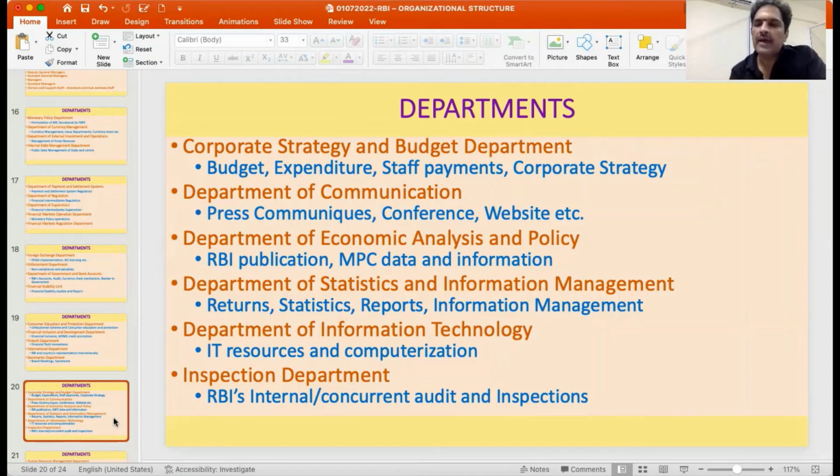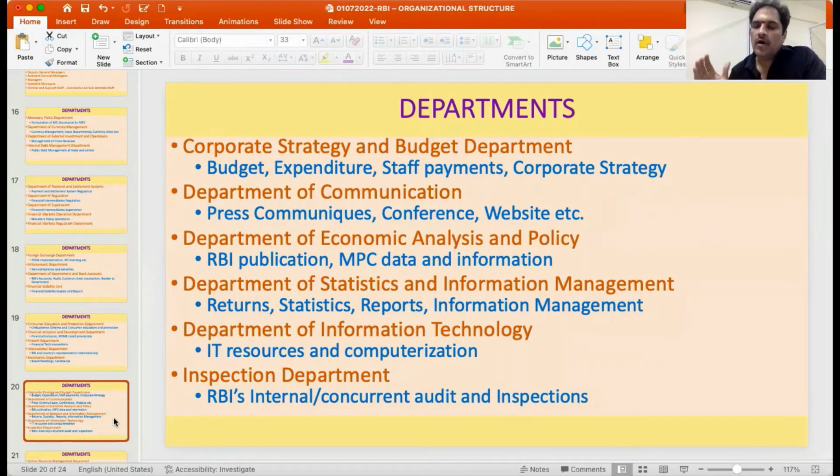Then the Reserve Bank publications, providing the data for the Monetary Policy Committee and other information, preparing statistical models, etc. All these functions relating to analysis and policy on economic matters are handled by the Department of Economic Policy, Analysis and Policy.